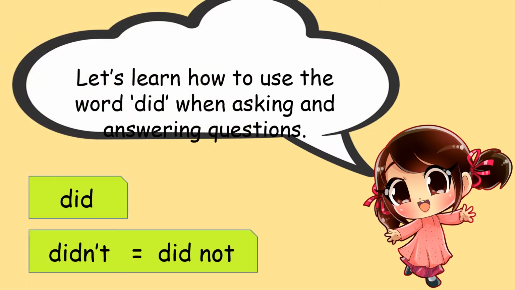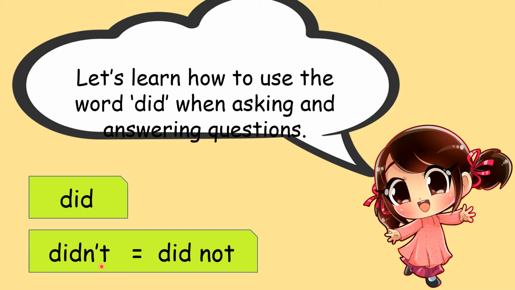All right, kids. From the text you have read just now, were you able to see the word didn't being used in the text? The word didn't stands for did not. Didn't is a verb in the past tense and it is used in a negative form, when we answer no to a question about an event or activities that happened in the past.